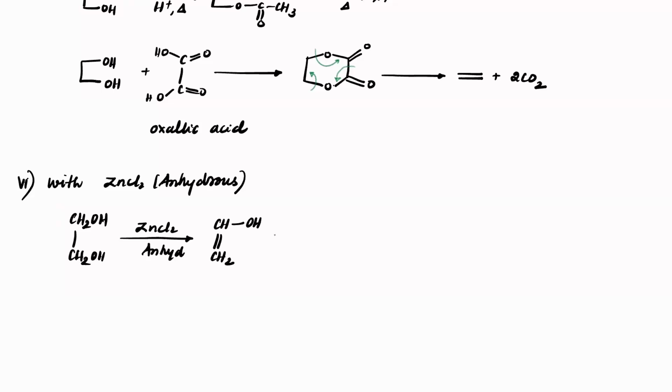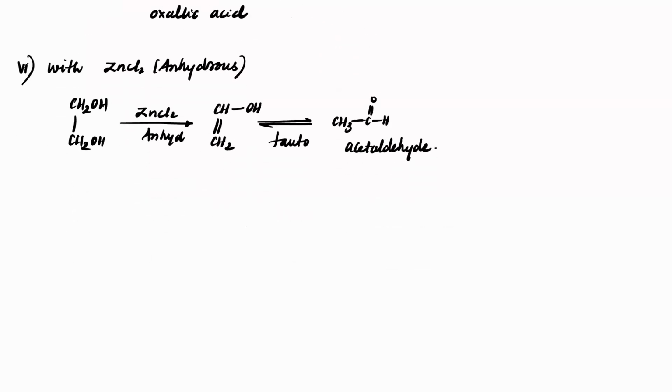This will undergo tautomerism and convert into CH3 C double bond O H, which is acetaldehyde.